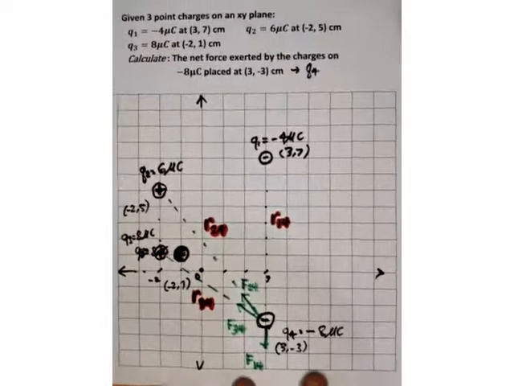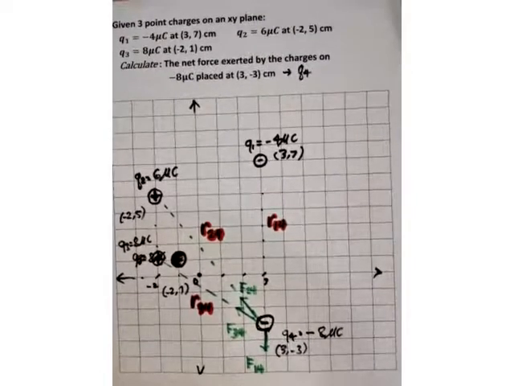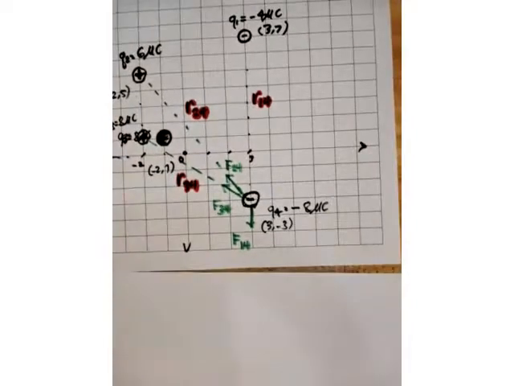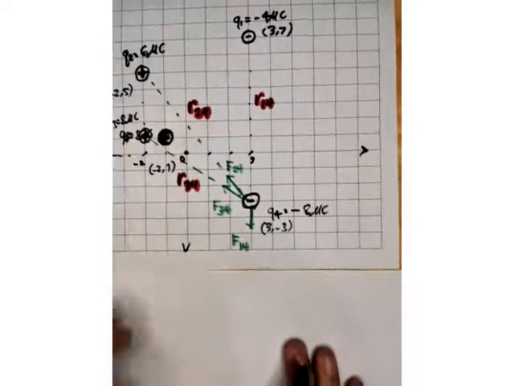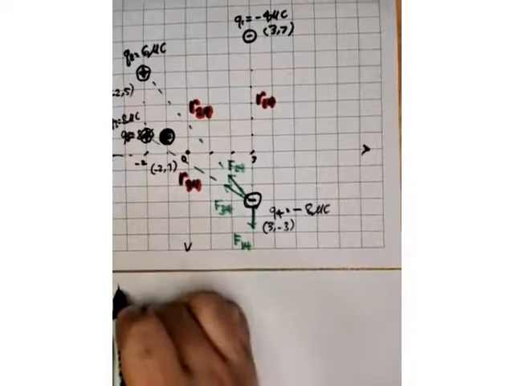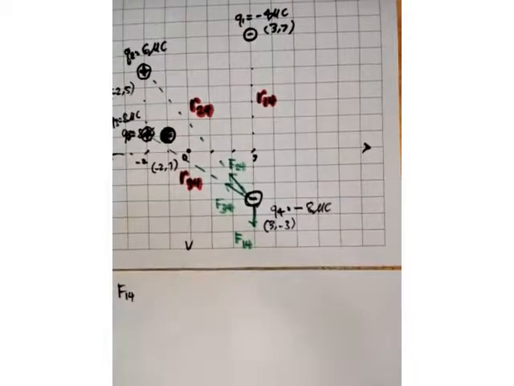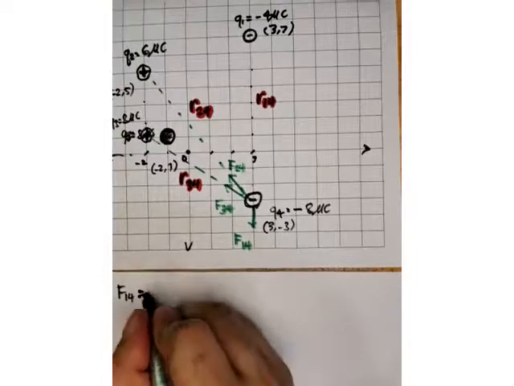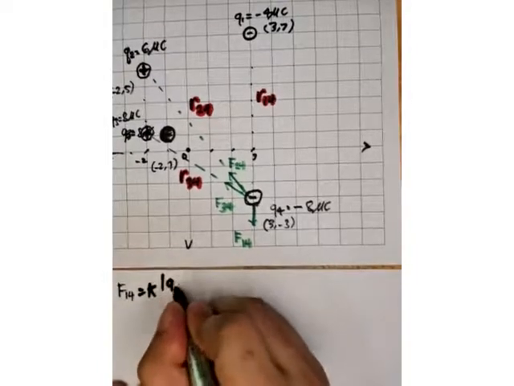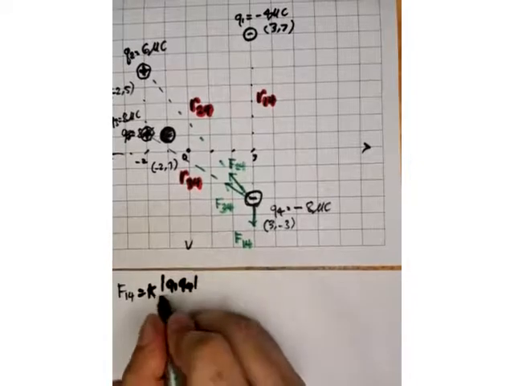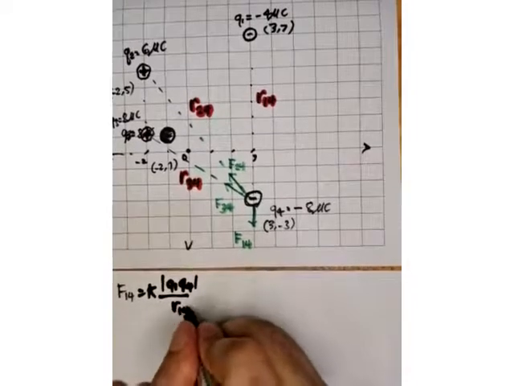Hanapin natin yung magnitude ng mga forces na to at saka yung kanyang mga direction. Isa-isahin natin. Unahin ko na yung F14. Yung F14 natin ay equal sa K, absolute value of Q1 Q4, over R14 squared.